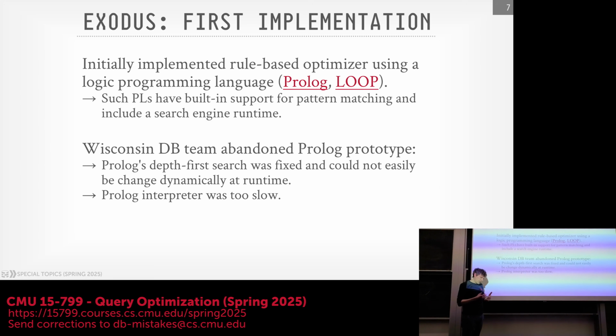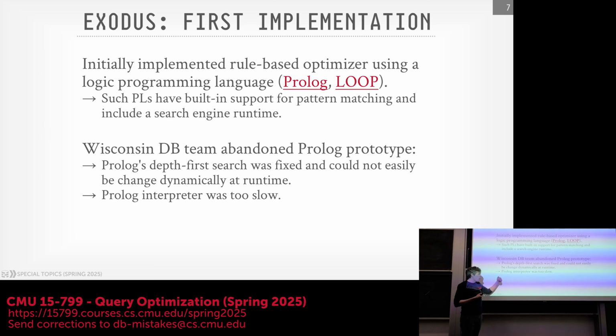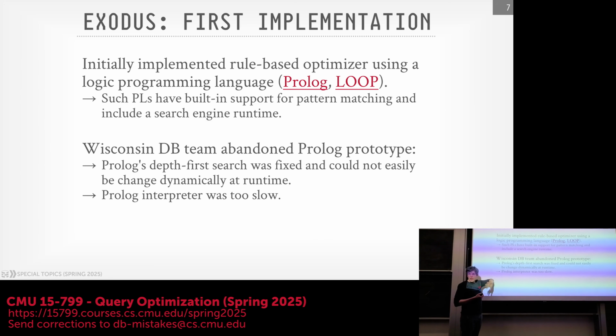You told Prolog, here's all the rules that I have, things aren't going to get changed, just go. And furthermore, I think they had their own implementation of the Prolog interpreter. Again, it's the 80s, before the internet, when there weren't widely available ones. And that thing was just too slow for them. So they threw this first implementation away and switched to C.